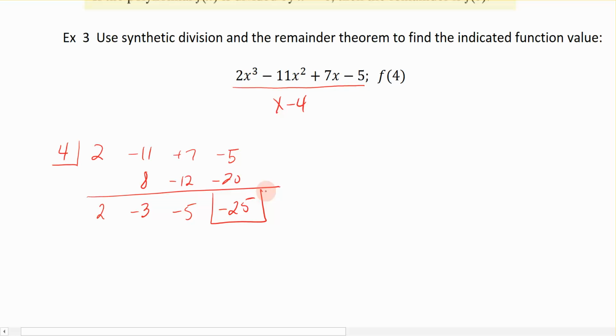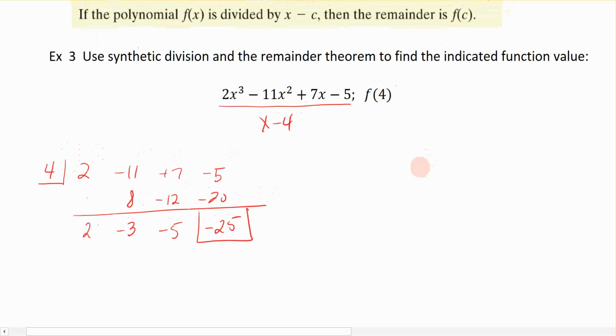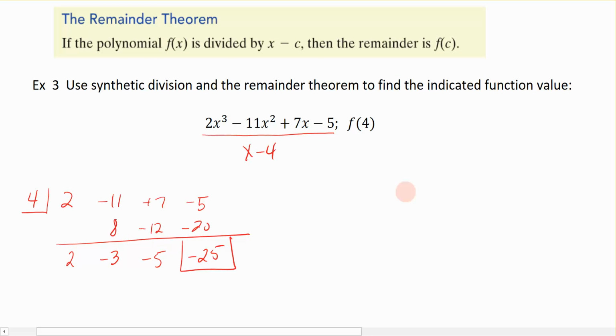Now remember, we said also that this is the remainder. Okay, and what the remainder theorem says is that the remainder that I get when I divide is the function evaluated at c. So to sum that up, it says that when I did the division here by x minus 4, I found that I evaluated the function at 4, and that's equal to negative 25.